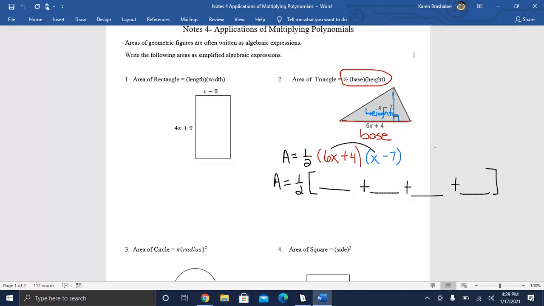So we'll start with 6x multiplied by the x. Then we'll go back and we'll take 6x and multiply that by the -7. And then continuing our distributive, we will take the 4 and multiply that by the x.